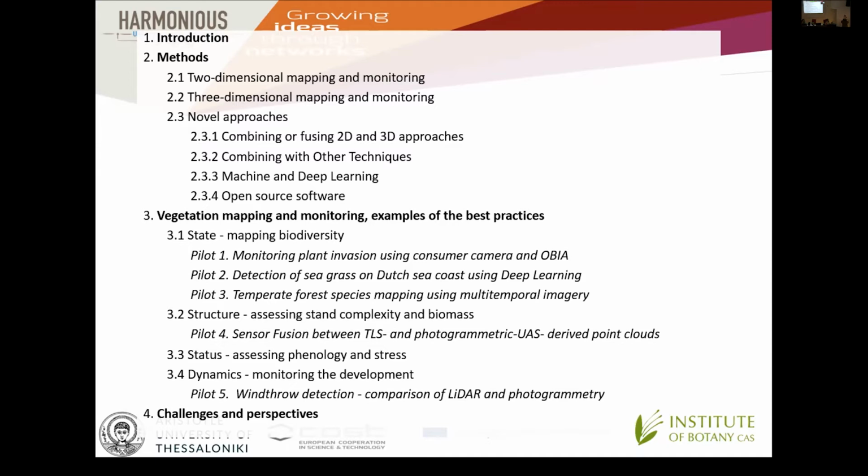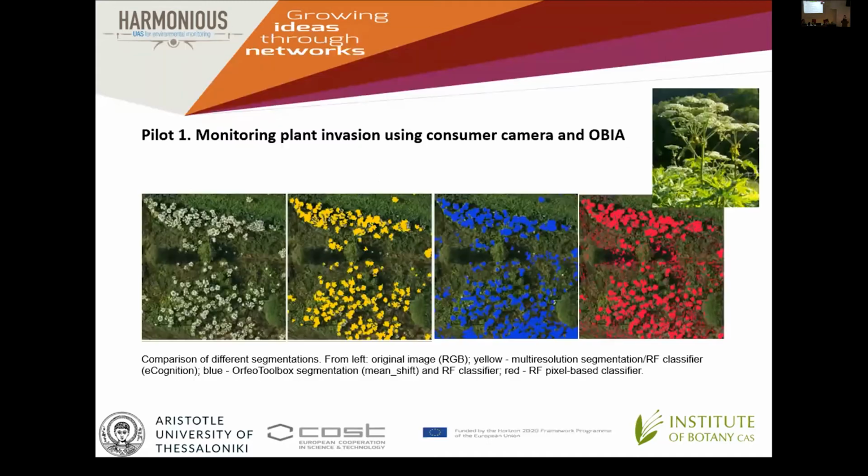For the state, we have 3 pilots, for the structure 1, and for the dynamics also 1. I will introduce the pilots briefly. The first pilot is monitoring plant invasions using OBIA, which is object-based image analysis. You probably are all aware of what it is: using not only spectral but also spatial information, defining the objects.